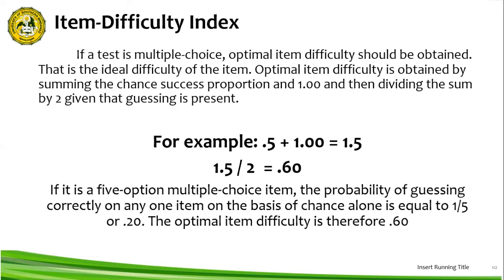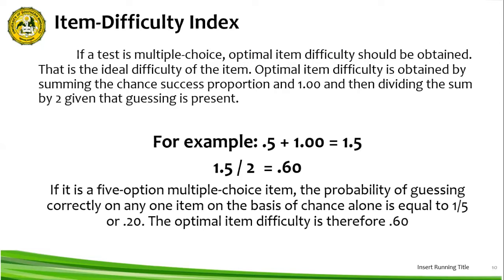If a test is multiple choice, optimal item difficulty should be obtained, or the ideal difficulty of the item. Optimal level difficulty is obtained by summing the chance success proportion and 1 and then dividing the sum by 2, given that guessing is present.